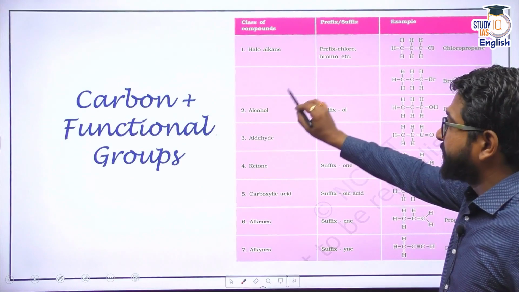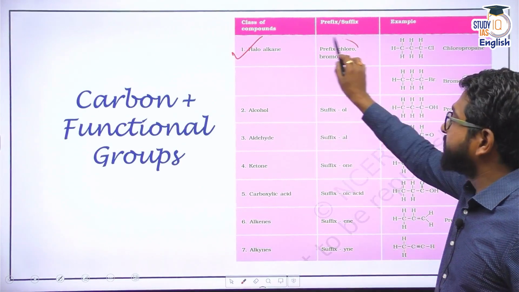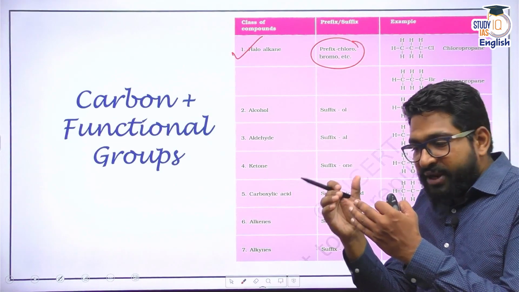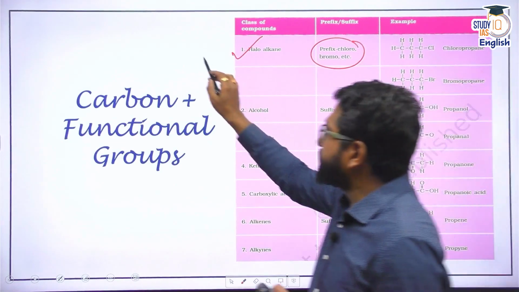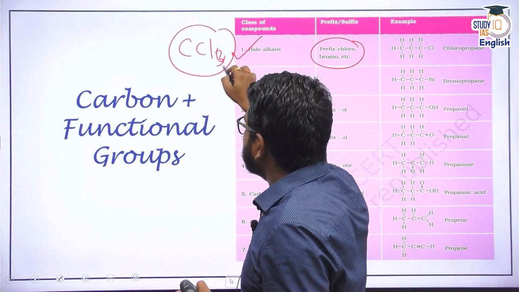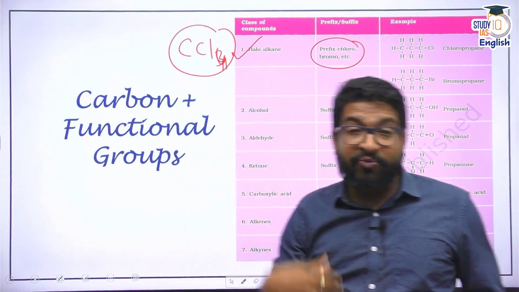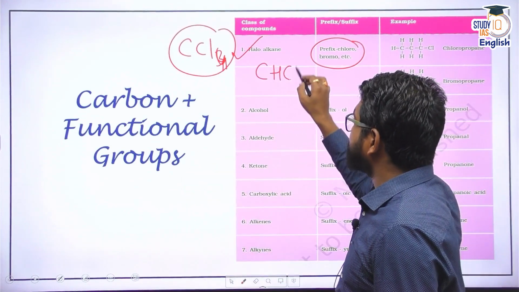Let me give you an example. If it is a haloalkane, meaning there is a combination of carbon and halogen, that is chloride. So we have examples like CCl4, carbon tetrachloride. Chloroform is a compound which is a haloalkane, CHCl3.